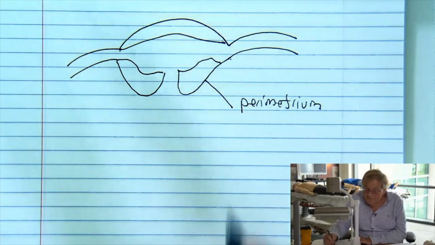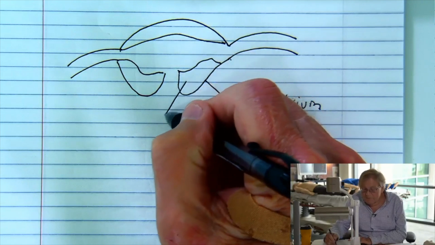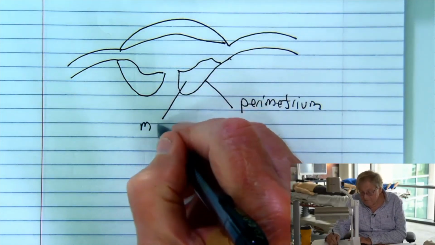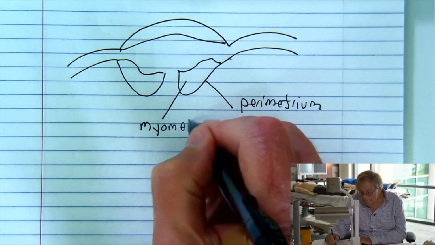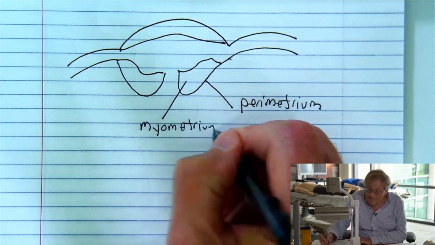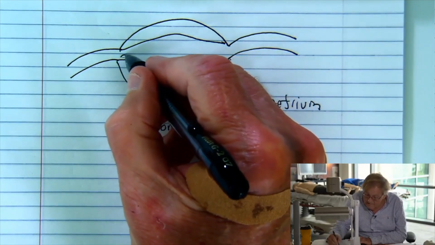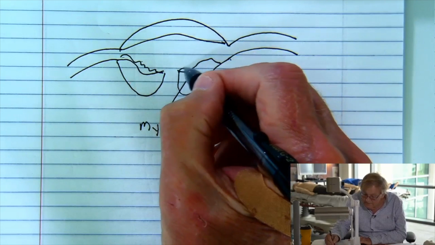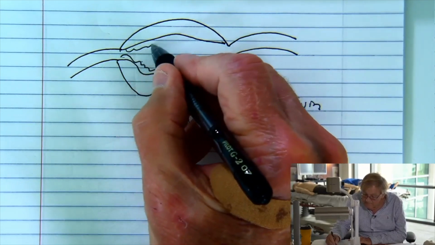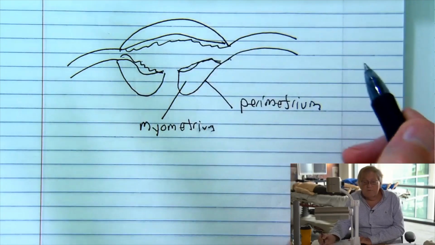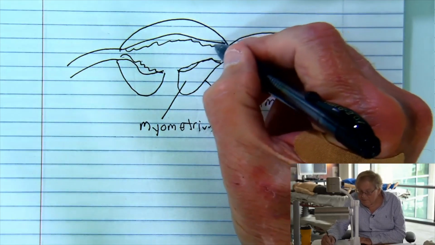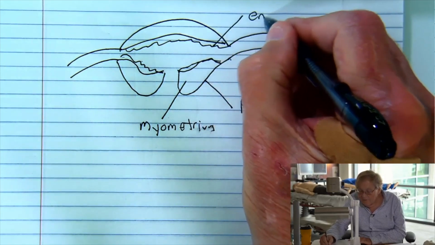Then I've got the muscle layer of the uterus, or the myometrium. And then I've got the inside lining, which I'll just draw as a squiggly line here. And that's probably what everyone's familiar with, because that's called the endometrium.